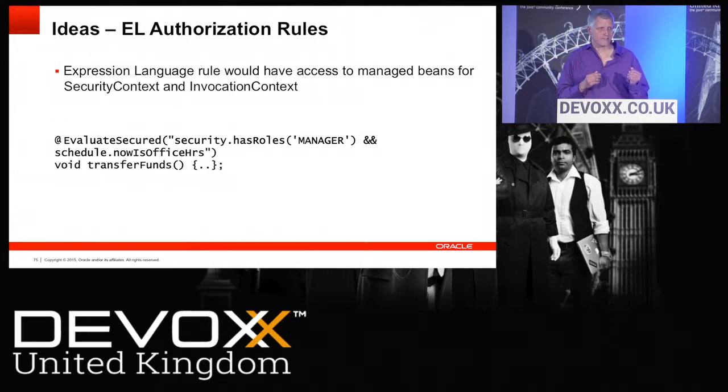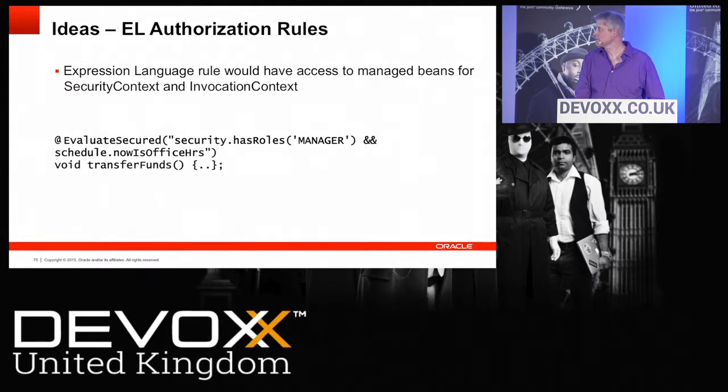The expression language would have access to different beans, and you can create a rule. In this example, we're accessing the security context and seeing whether the current authenticated user has the manager role. And then we have a schedule bean, which knows the current working schedule of the company, and says, is it now office hours? So the manager can only transfer funds if it's currently during working hours.